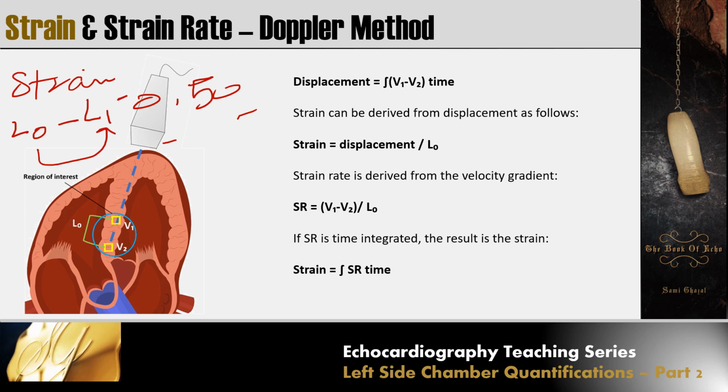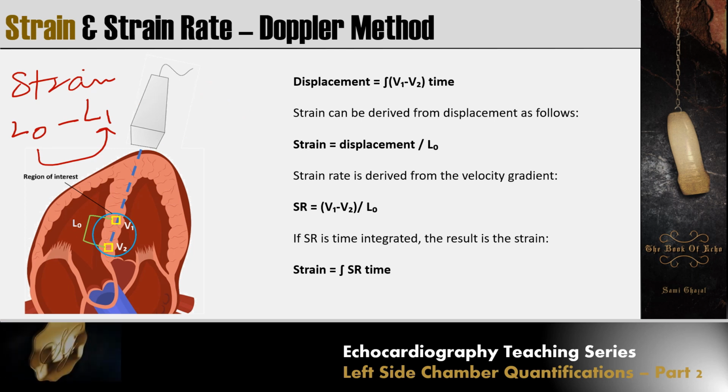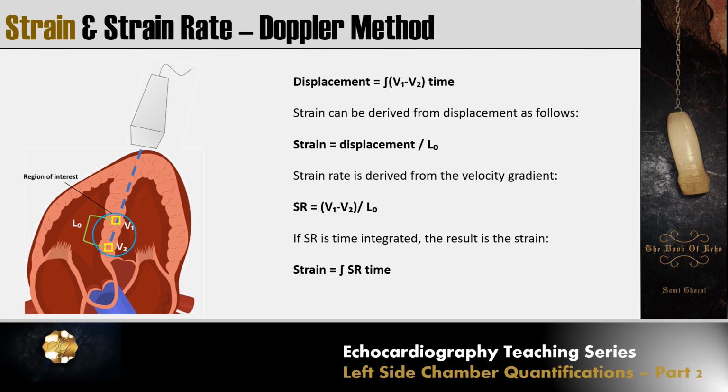Proceeding now to how to measure the strain and strain rate. We have many ways to do that. One of them is the tissue Doppler, and tissue Doppler was used historically. Now it's not the standard way of measuring strain and strain rate for many reasons. Reason number one, it is angle dependent. So you have to align your probe in a way that it is parallel with the motion of the tissue.